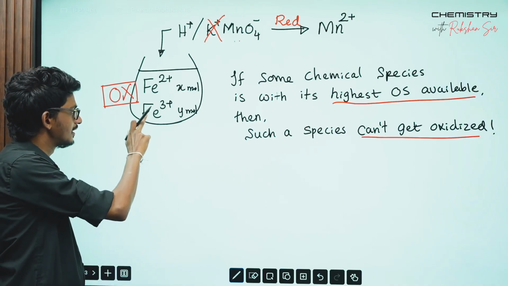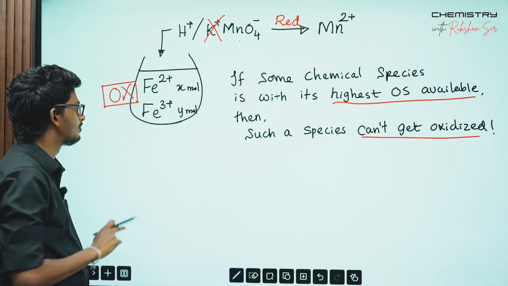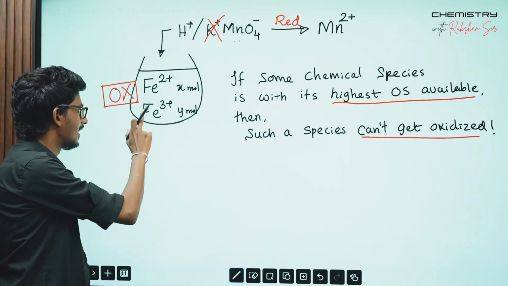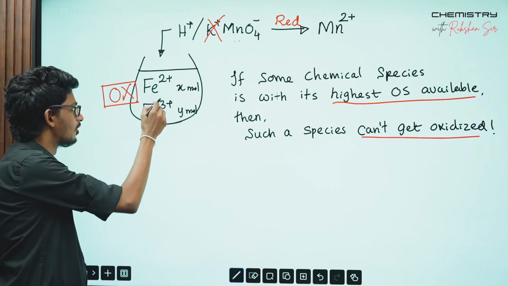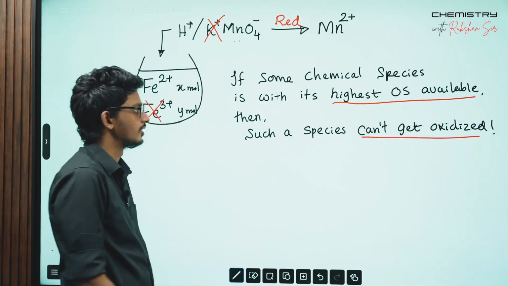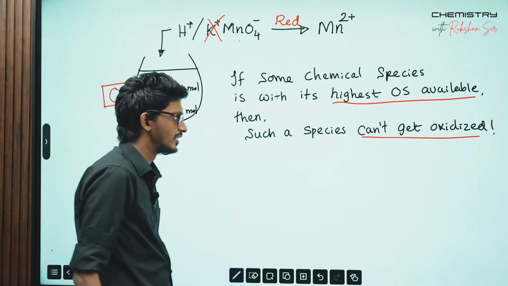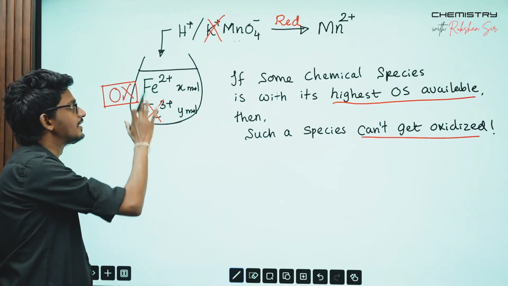When considering Fe3+, it is the highest oxidation state available for Fe. So you can't think of an oxidation from Fe3+. So Fe3+ is not going to participate in this reaction.